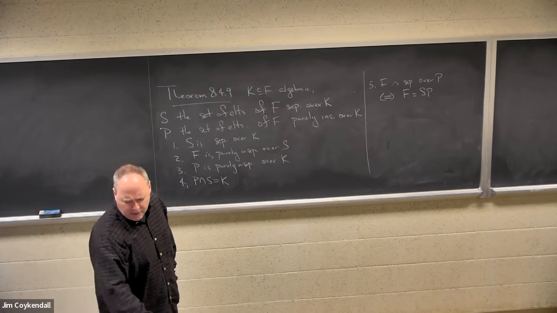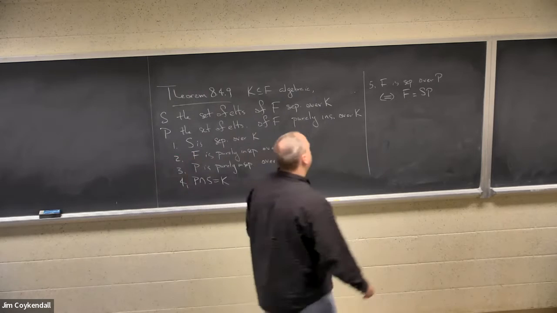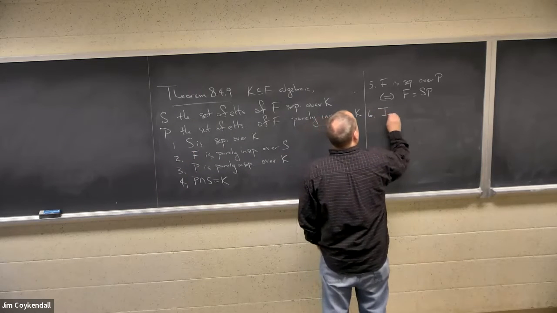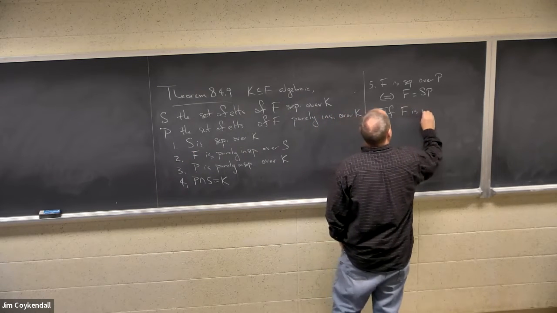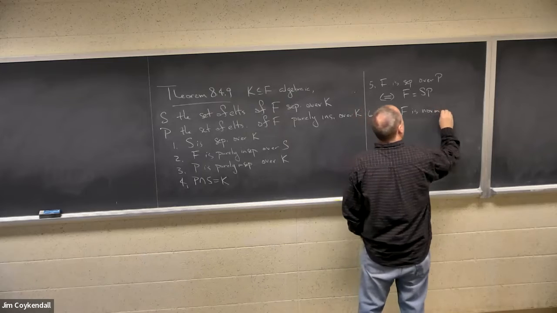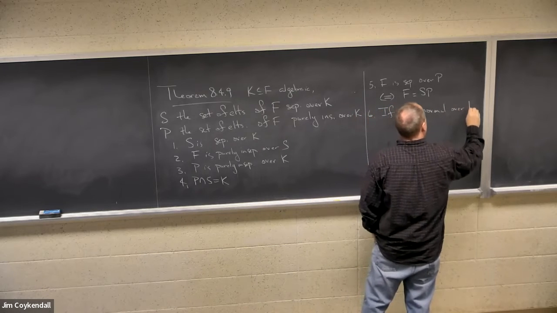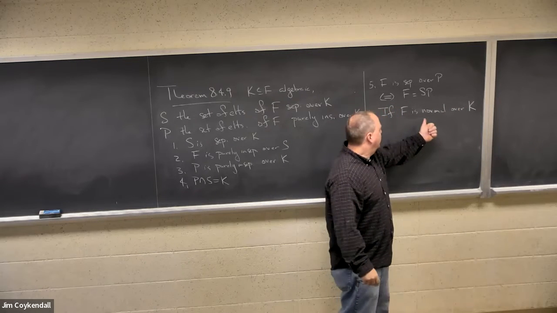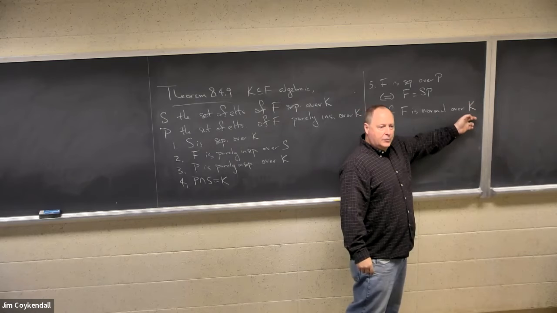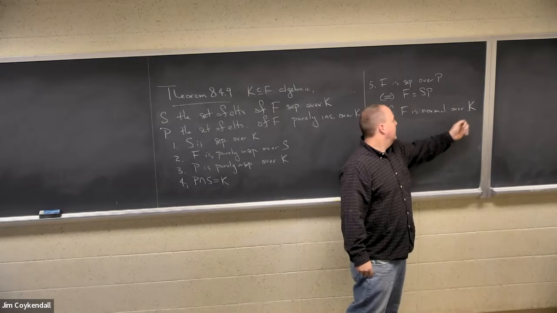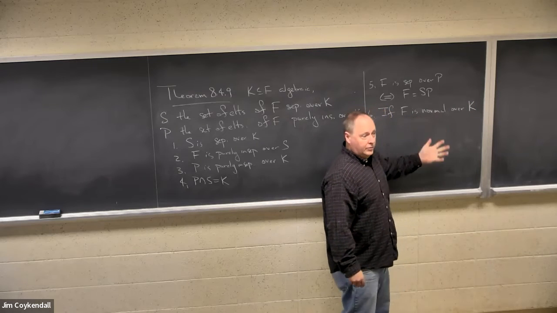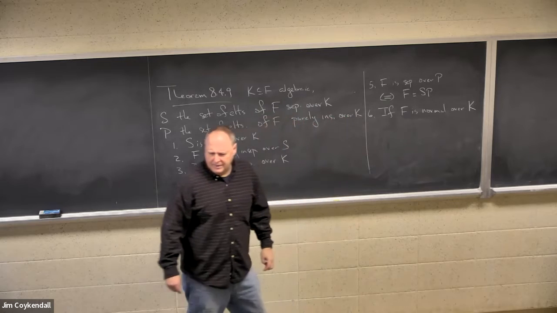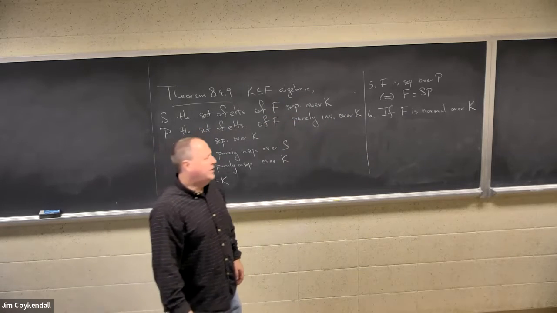Six, if F is normal over K, let me remind you what that means: if you have an irreducible polynomial in K[x] that has a root in F, then all the roots of that polynomial are in F. Then S is Galois.